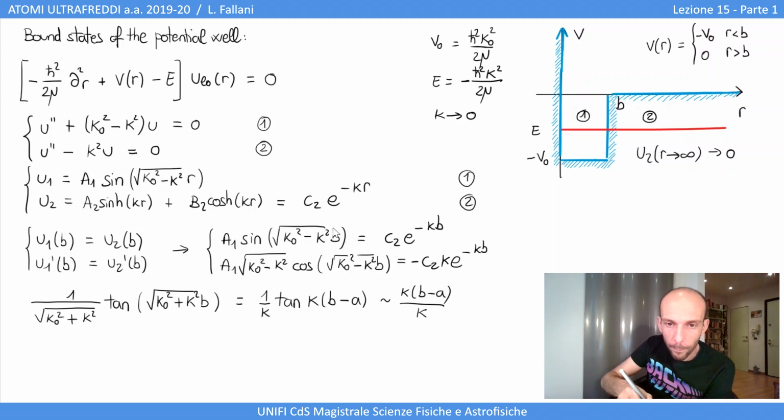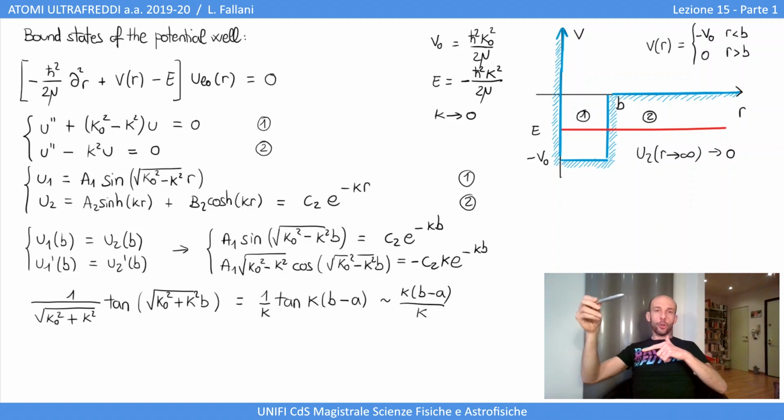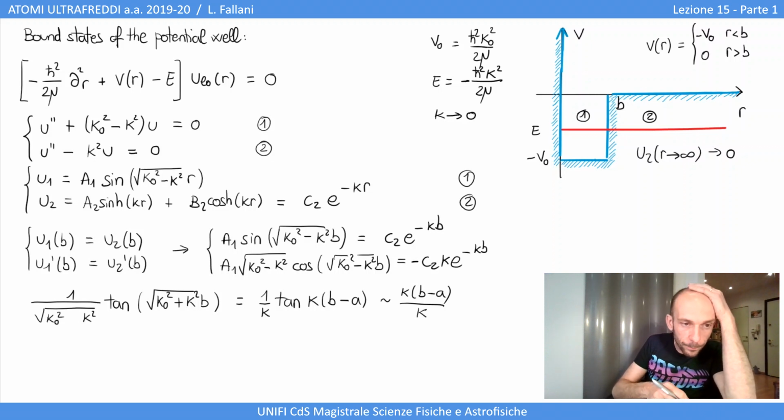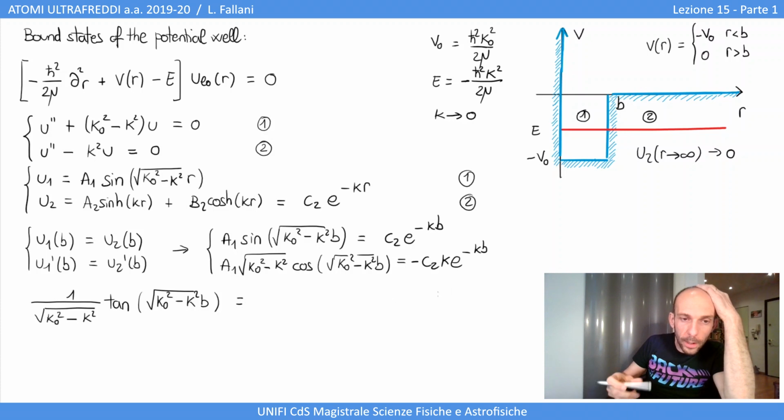And so we will have minus c2 k e to the minus kb. So we make the ratio of the two expressions. So on the left-hand side, we have, again, the sign minus here. At the right-hand side, we have a very simple expression, because we have just minus 1 over k.